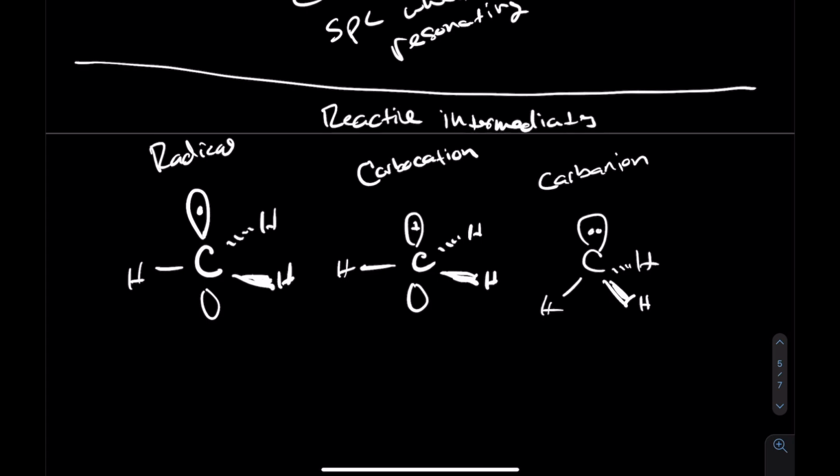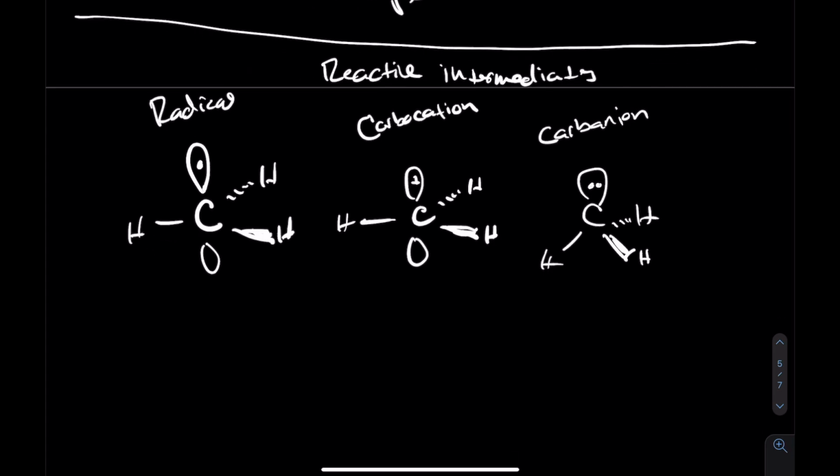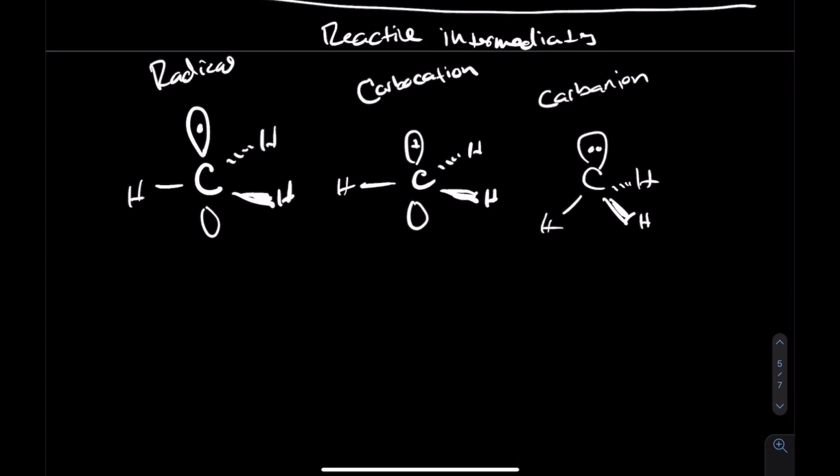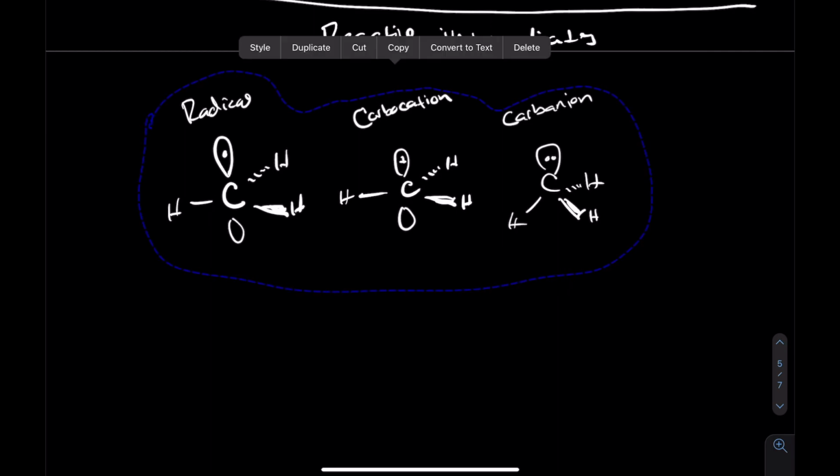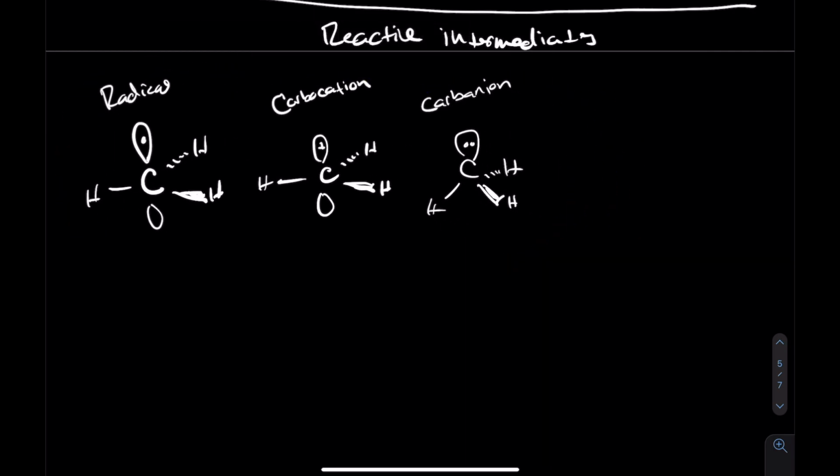And there's actually another neat one called a carbene. It looks like we've got everything covered, right? We've got 1 electron on a carbon, no electrons on a carbon, and 2 electrons on a carbon. What is a carbene?